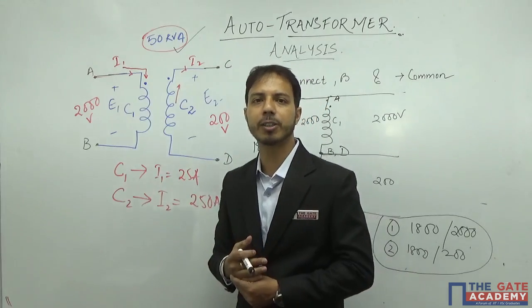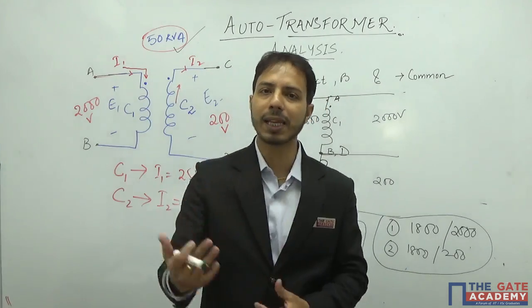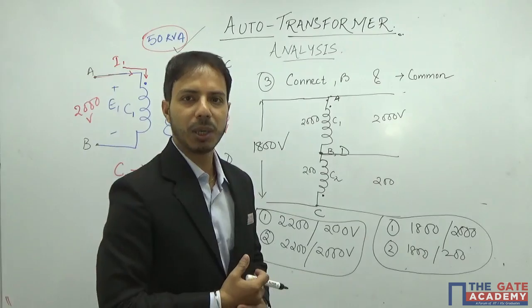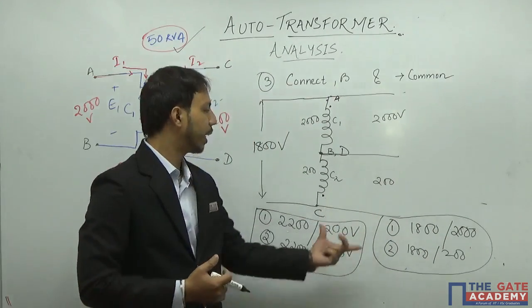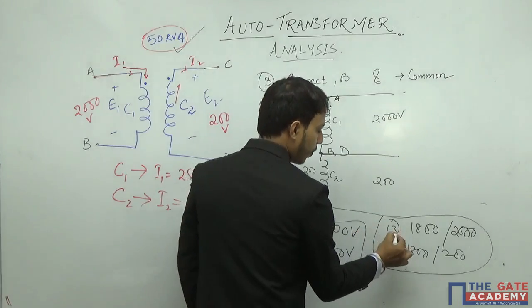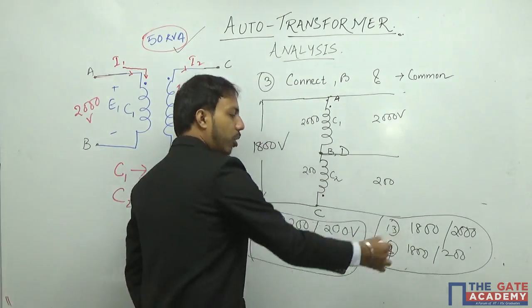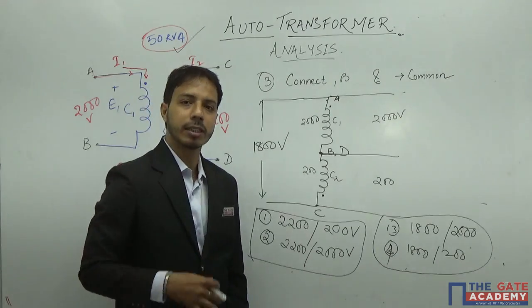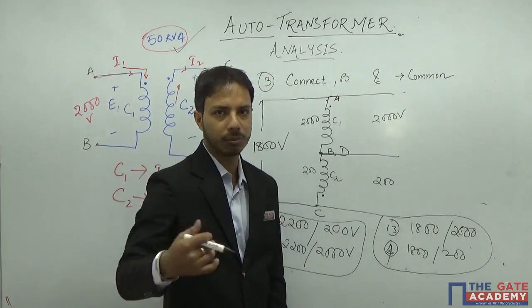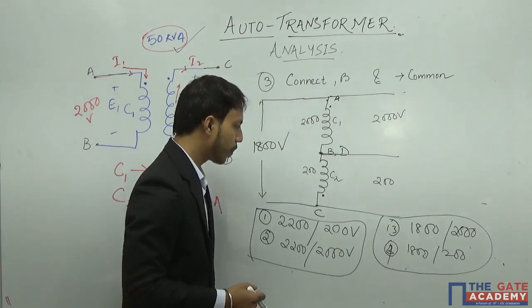If I reconnect it as an autotransformer, what is the maximum kVA that can be achieved? So you need to know in which case. I have 4 cases, right? Let us say this is 3 and 4. Out of these 4 cases, in which case will I have the maximum kVA? That is something we will analyze now.